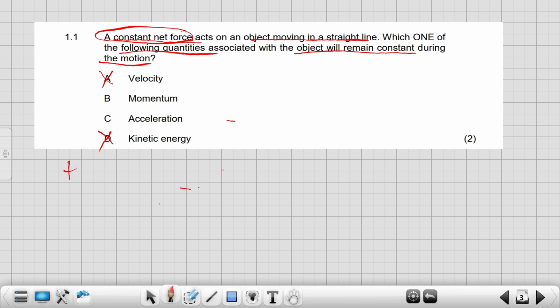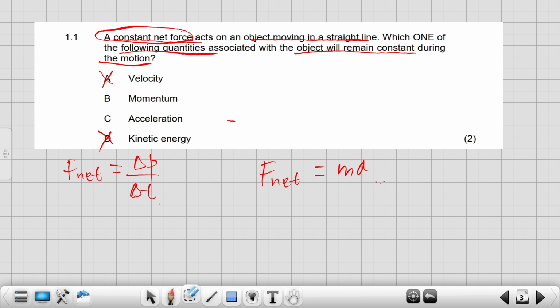I know that F net is equal to change in P over change in T. And I also know that F net is equal to MA. So these are the 2 physics principles that I need to consider.